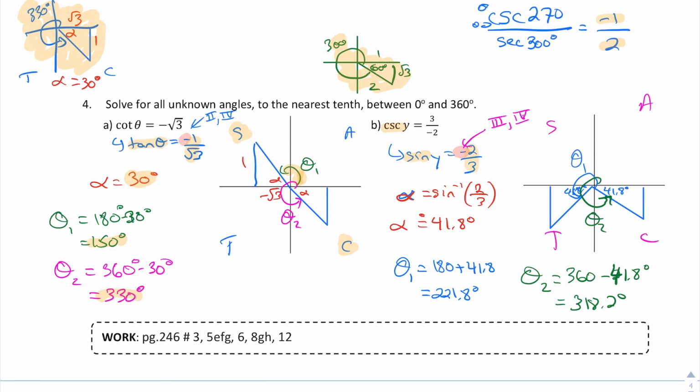So I flip that, I flip my base, and because it's negative, I'm in these two quadrants for sine. So again, use your calculator, find alpha, you get the related acute angle, and then you can solve based on that.